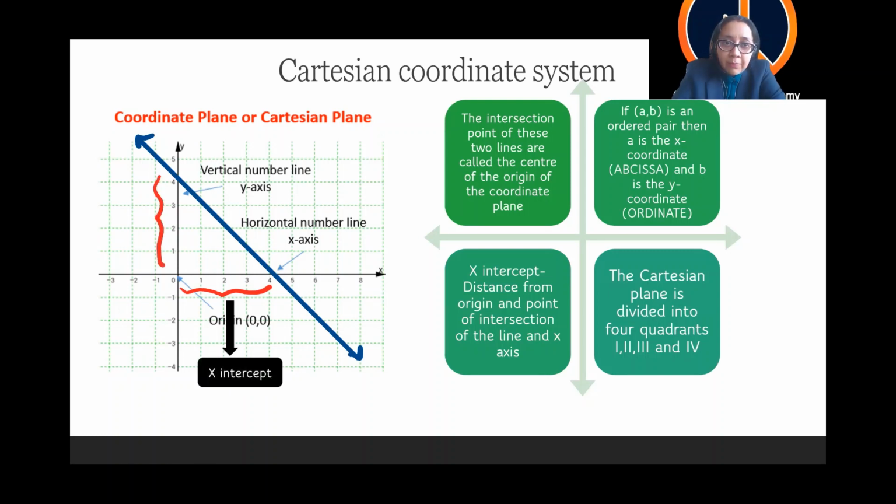And the distance between the origin and the point of intersection between the y-axis and the line, we call the y-intercept. We will do some questions and answers on how we can calculate the x-intercept or the y-intercept within today's class.